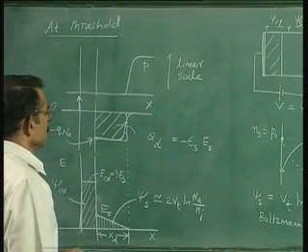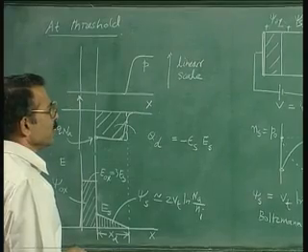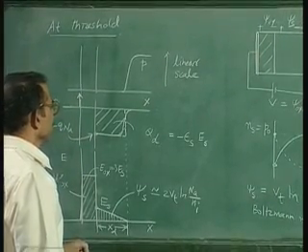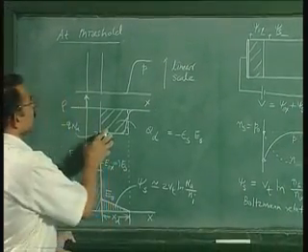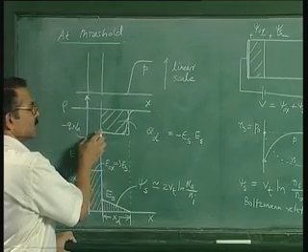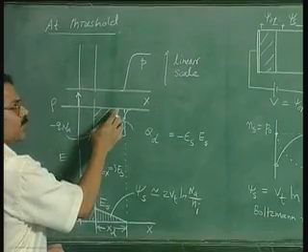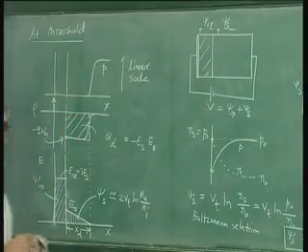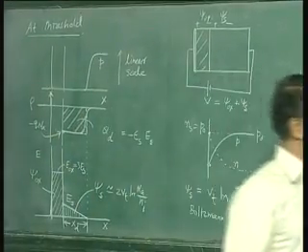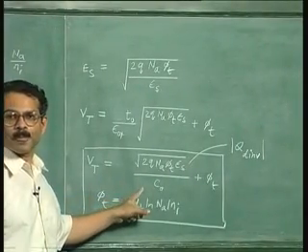Now what does this QD by C naught term indicate? It is like the voltage across the insulator of a parallel plate capacitor having charge Q. So that is how this formula is very easy to remember, okay.